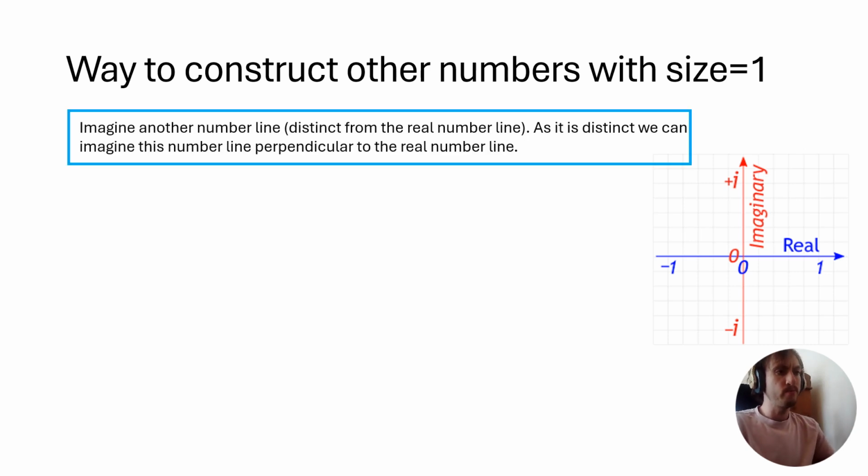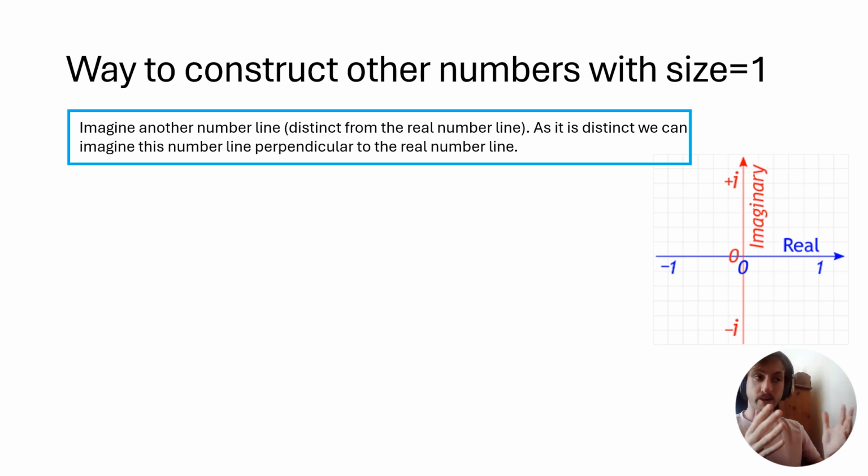Well, we can think of placing imaginary numbers themselves on an imaginary number line. Now here language is a bit frustrating because I don't mean a number line that only exists in our imagination, although whether imaginary numbers only exist in our imagination is a matter I leave to philosophers.